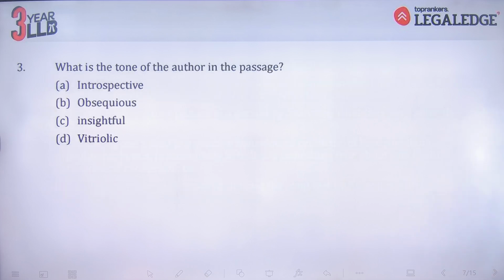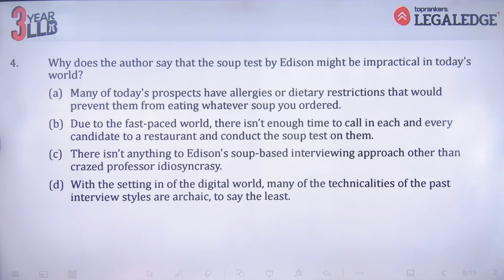Question number three on screen. Question number four.